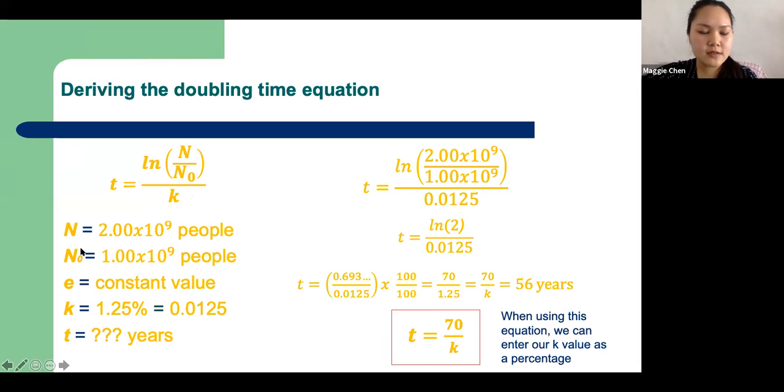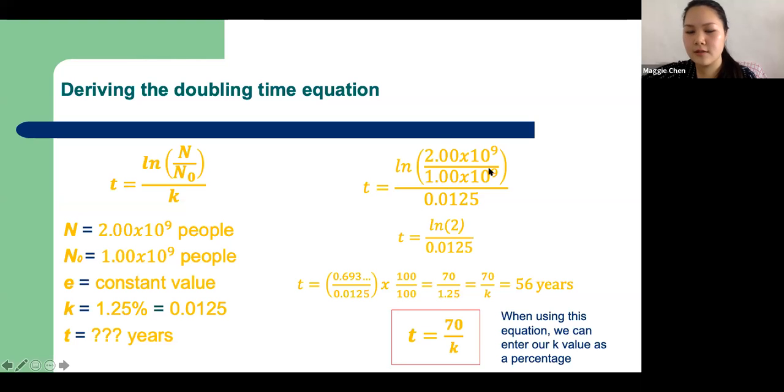Given the exact same values, or given our doubled population, E is our constant value, and with the same growth rate of 0.0125, if we plug all of that into our original time equation, we can divide that N by our N naught. Since it's doubled, it would just be 2 divided by 1, it'd be 2.